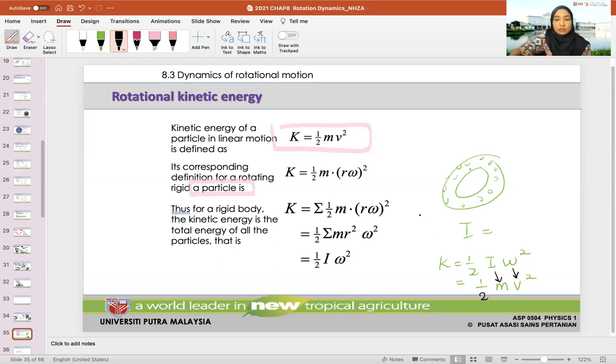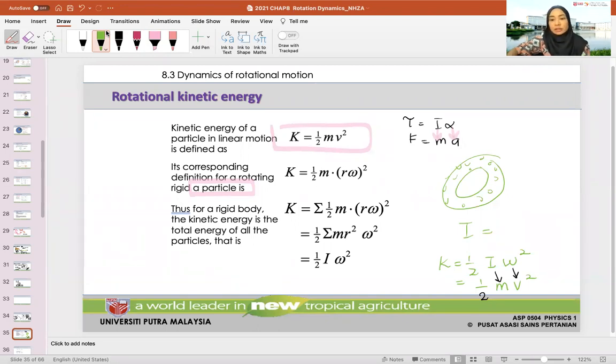So again, I want to try to relate this to you. We saw that torque was equal to I alpha. This is similar to force equals ma, whereby your I is your mass and your alpha is your a. Now, in what other circumstances do we see this relation?